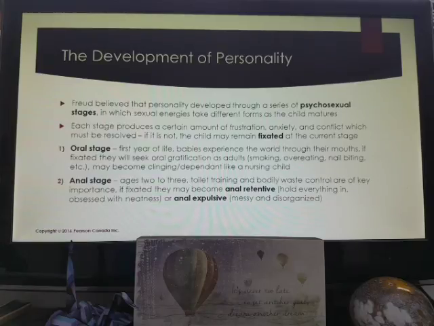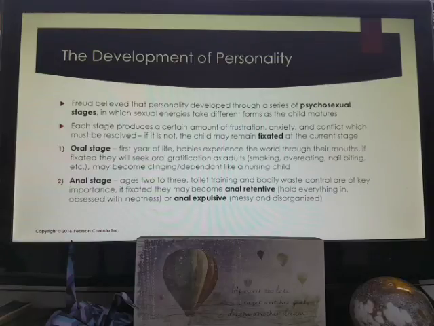Just as we talked about with the ego and the superego emerging over time, he said there were these psychosexual stages that we had to go through during development, and you'll see that they correlate to when some of those major systems develop. Each stage, he said, produces a certain amount of frustration, anxiety, and conflict, which must be resolved. If it is not, the child may remain fixated at the current stage.